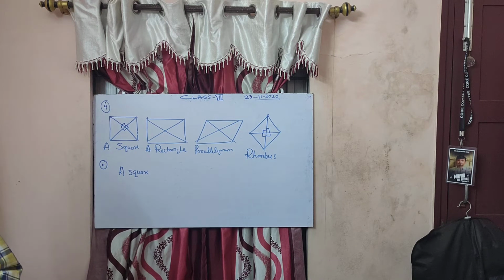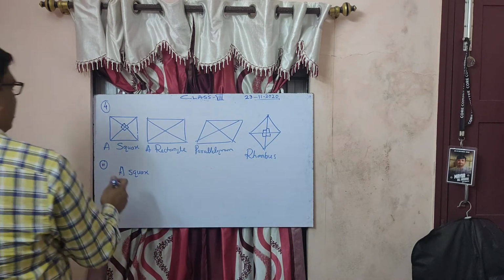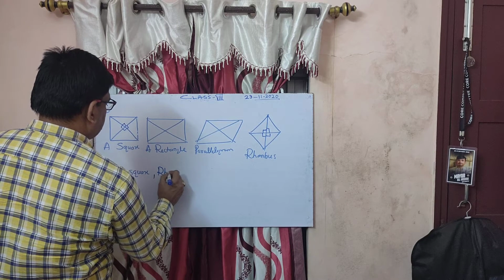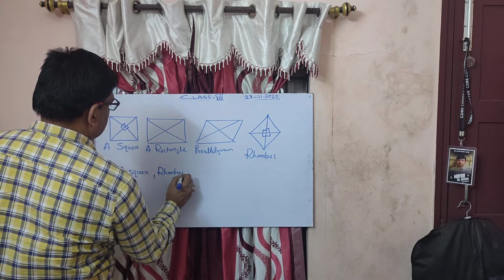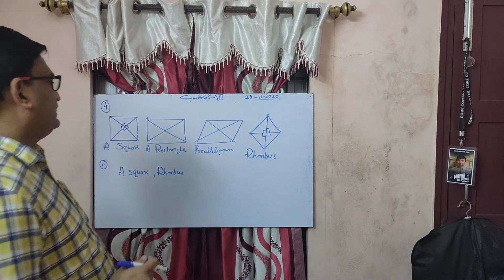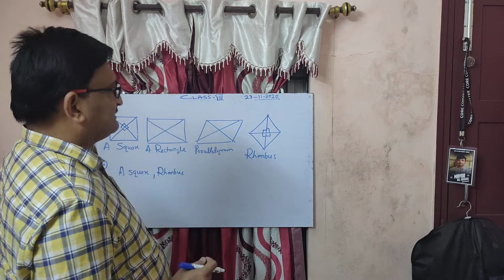Okay. So now a square is the correct answer, and rhombus. Only two. They don't have the diagonals bisect at 90 degrees.